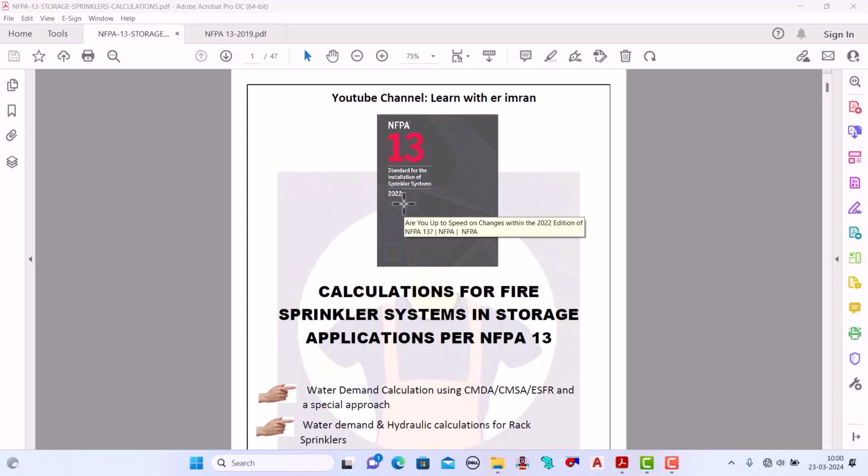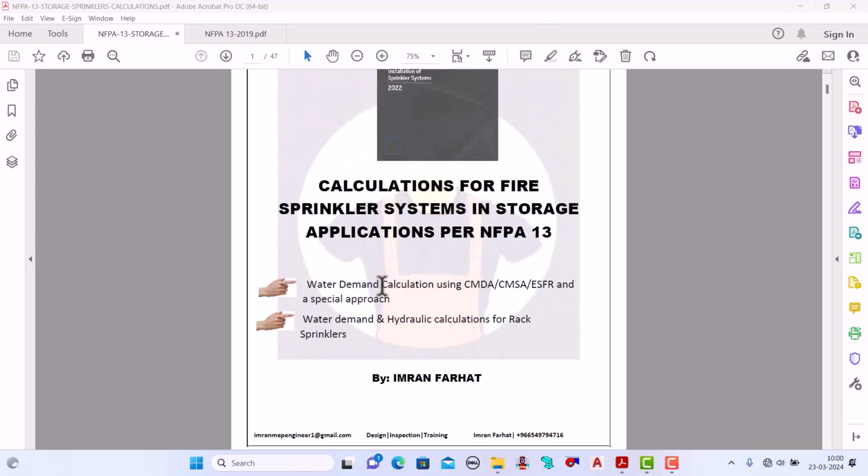That type of sprinkler is categorized into 4 types. In this lecture we will calculate the water demand using CMDA, CMSA, ESFR and a special approach as per NFPA 13 chapter 24. The special approach means extended coverage area sprinkler.